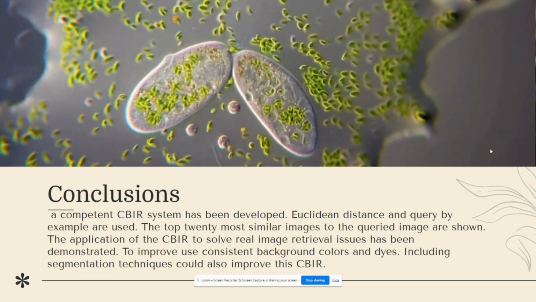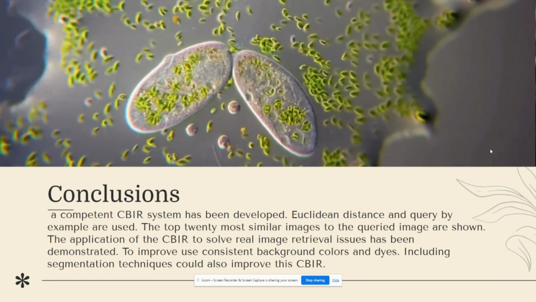So in conclusion, a successful CBIR system was developed. We used Euclidean distance, inquiry by example. We were able to find the top 20 most similar images, and we were able to solve a real world image retrieval issue, which was identifying the tardigrade out of all of the microbiology photos in the set.